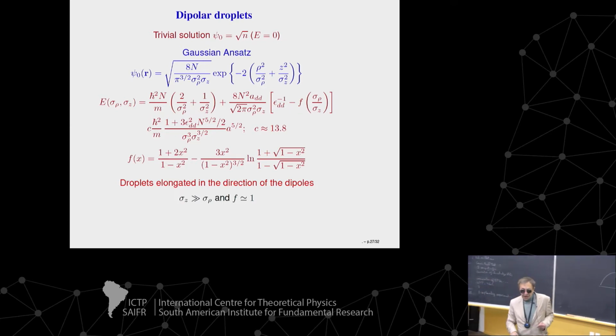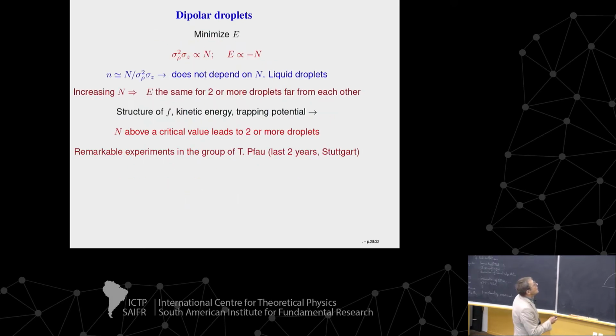Of course, not everybody was believing that this is correct, because this contradicts everything that has been done before. When you minimize the energy, you get that the size of the condensate in the radial direction squared, multiplied by sigma in the z direction, is proportional to the number of particles. Energy is proportional to minus N. And then density does not depend on the number of particles.